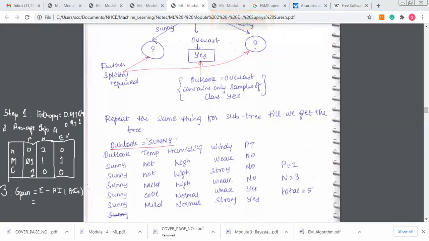Before that, step 3. Step 3 is entropy minus the average information of this attribute. So how do I calculate the average information of an attribute? It's a summation.